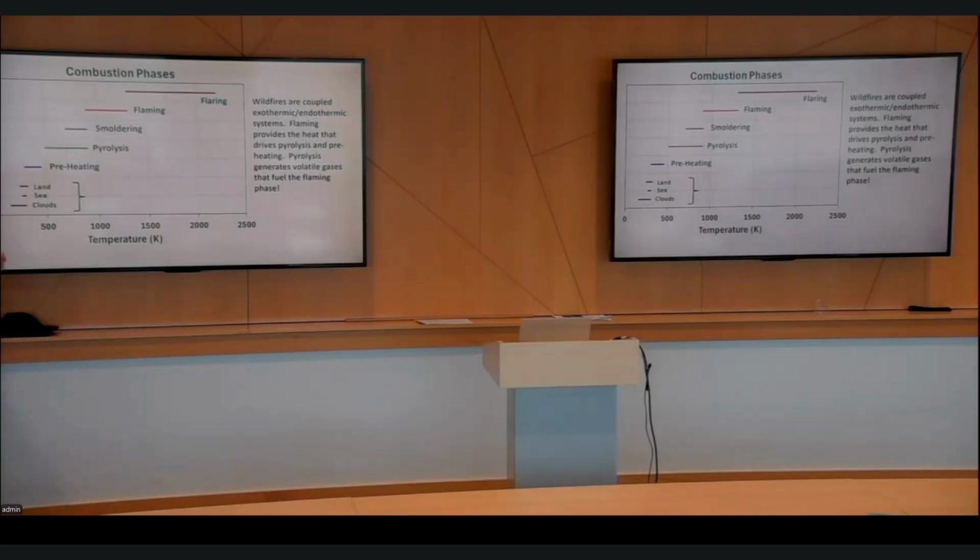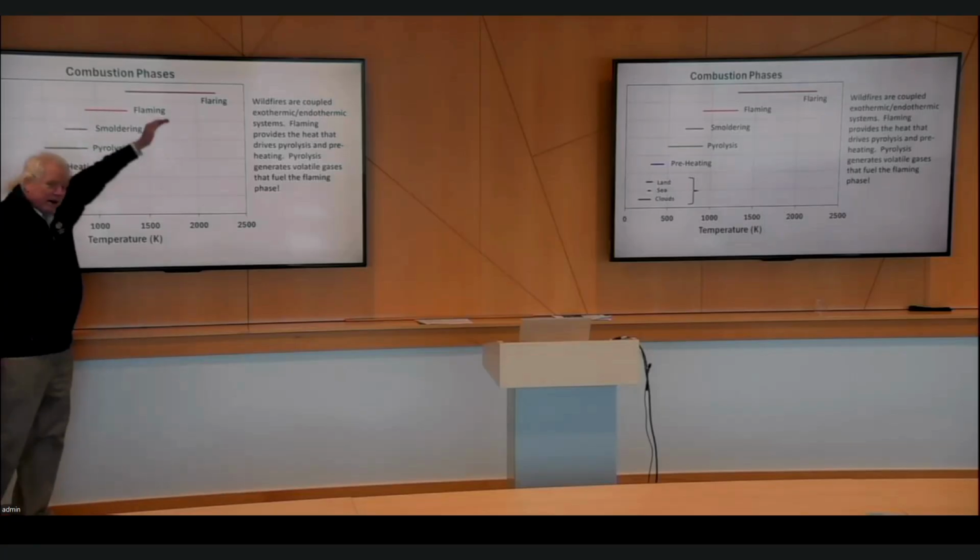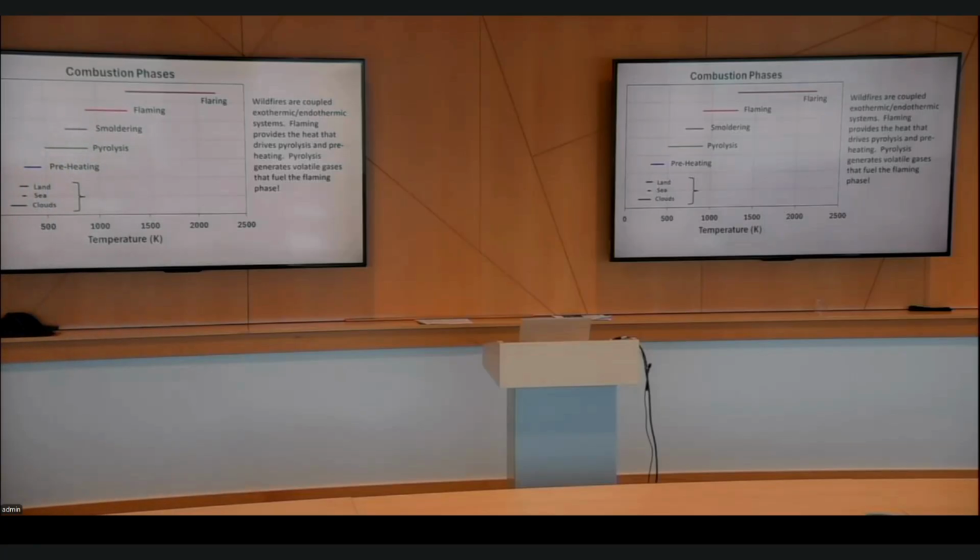Pyrolysis is actually just tearing apart the lignin and cellulose and other components of biomass to produce volatile gases that fuel flaming. Smoldering is the direct attack of oxygen onto carbon char. And so it's a little bit cooler than flaming. And then at the top there's flaring. That's things like gas flares. And they burn much hotter than the flaming phase of biomass.